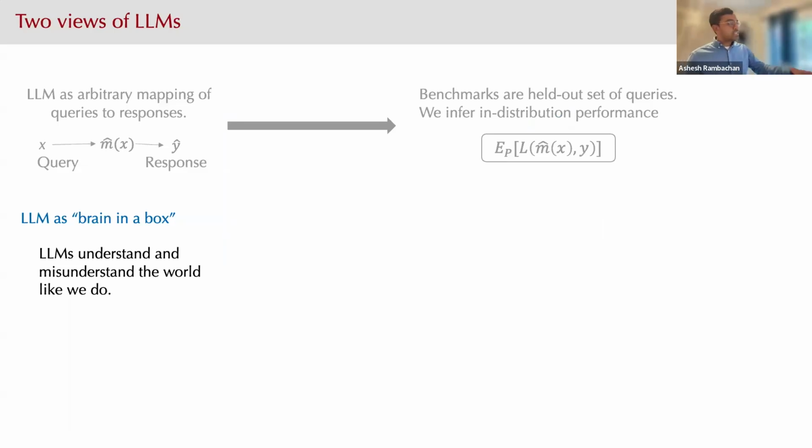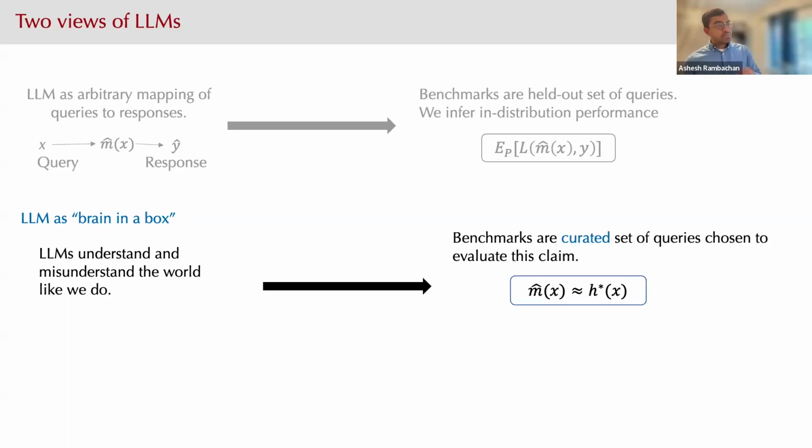So that would be one stylized view of thinking about a large language model. I think that's not fully satisfying. After all, large language models are not just arbitrary mappings from queries to responses, but instead, it feels like we approach them much more like they are a bit of a brain in the box. That because of all their pre-training, fine-tuning, and RL steps, large language models, they're not perfect, but perhaps they understand and misunderstand the world like we do, or perhaps like the smartest person you know.